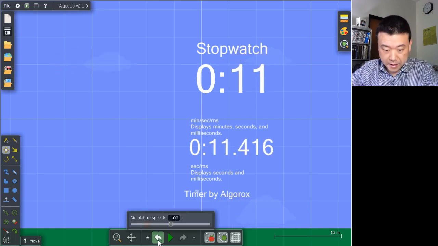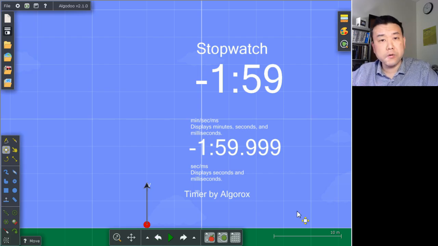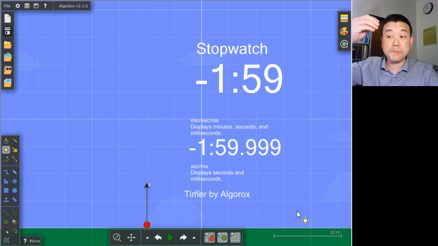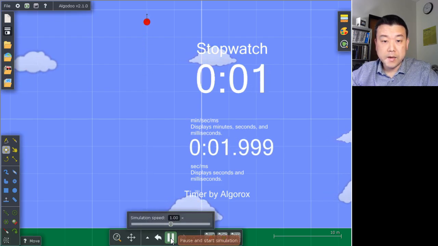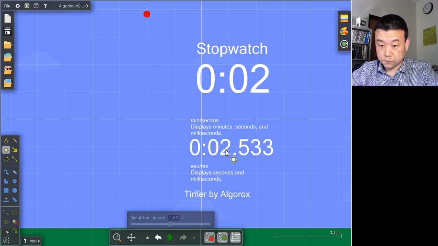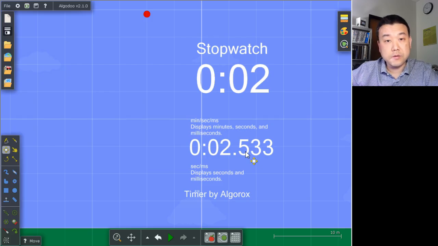So this time, let me actually try to measure how long it will take to reach the very top of its motion. And stop. Yeah, 2.5 seconds. And you can verify this with the formula that you wrote down. So g, gravitational acceleration, is approximately 10 meters per second squared.